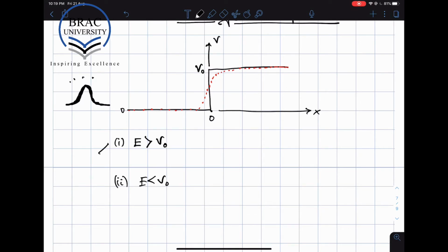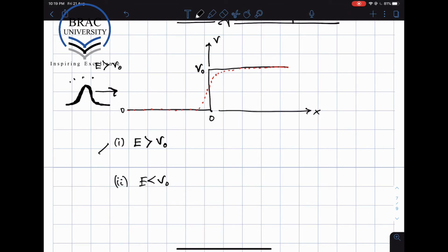We assume that we have some Gaussian that is incident on the potential barrier, and the energy of the wave packet is greater than v0.